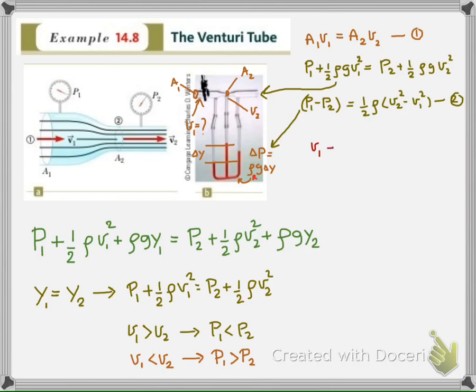The final result is V1 is equal to A2 times the square root of 2 delta P over rho times A1 square minus A2 square.